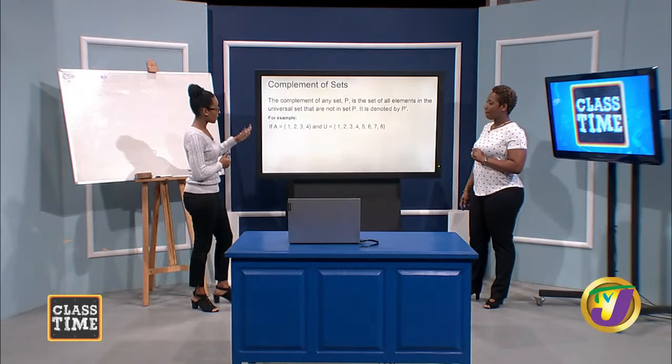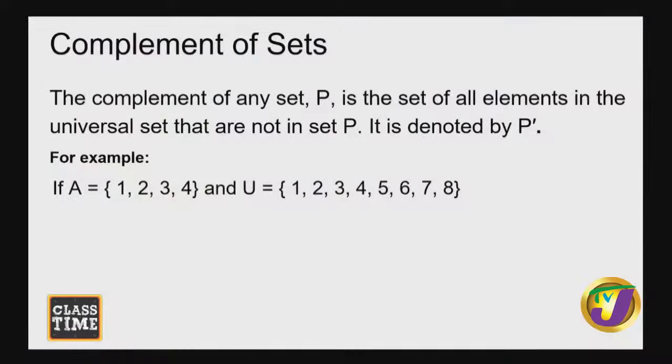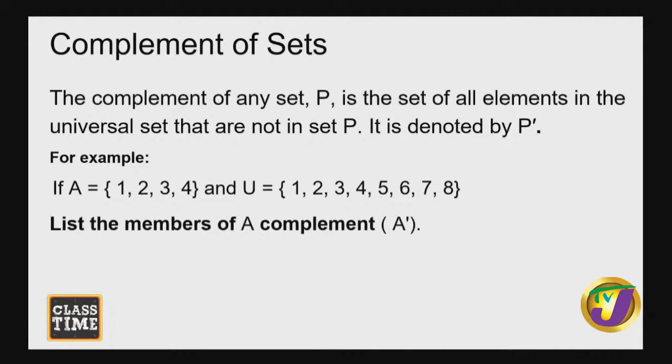So here we have set A as 1, 2, 3, 4, and our universal set is 1, 2, 3, 4, 5, 6, 7, 8. List the members of A complement. First I have to examine what is in A, and I realize it's 1, 2, 3, and 4.